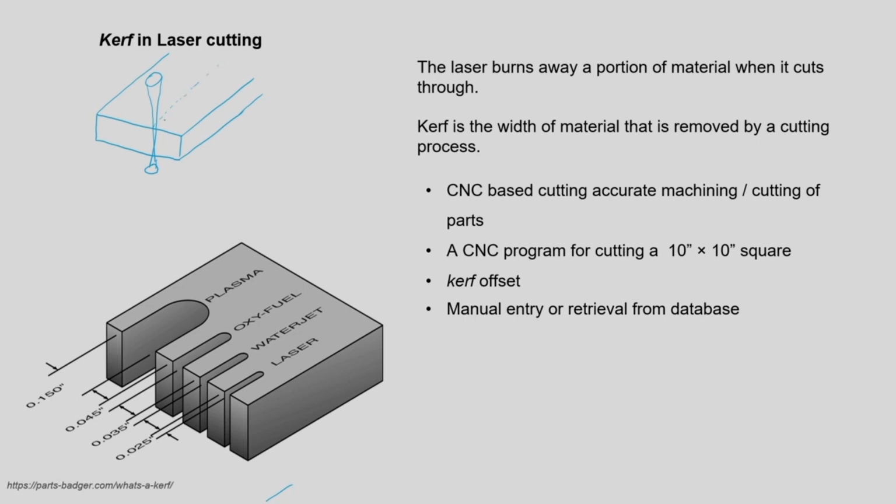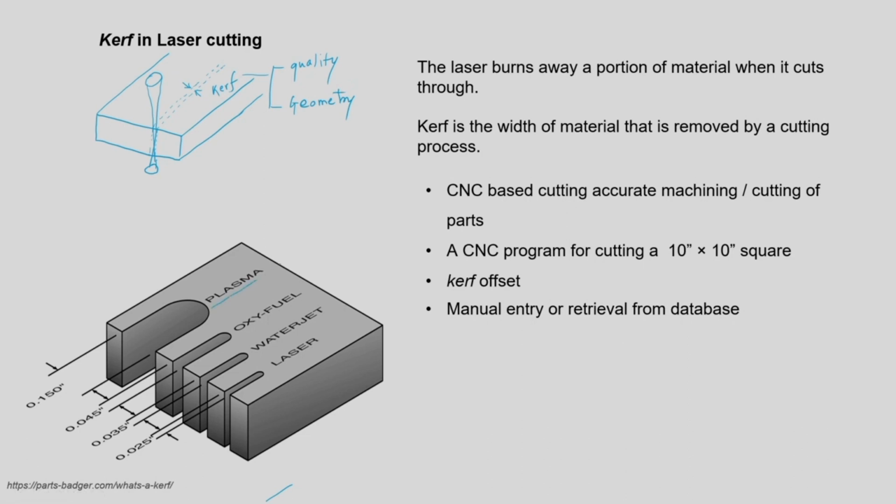Some portion of the material is getting removed, it is getting vaporized. The width of that burnt away material is called the kerf. This kerf is a very important element as far as the quality of the laser cutting is concerned, the surface quality as well as the geometry of the features that we are generating by using laser machining.